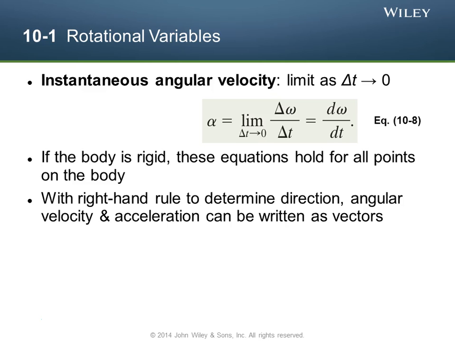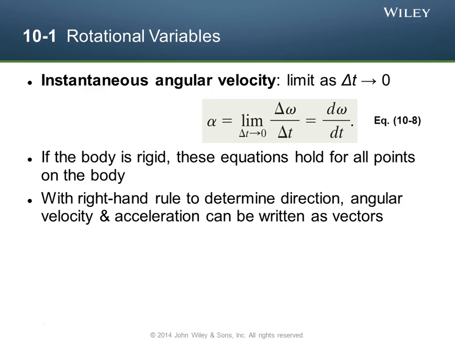And we're going to use the right-hand rule again here. Now, this is a little different than the cross-product right-hand rule. This is where we're curling our fingers. We're not going to have orthogonal fingers. And so we use this to find the velocity and acceleration because they are vectors, and we can write the direction of these vectors.